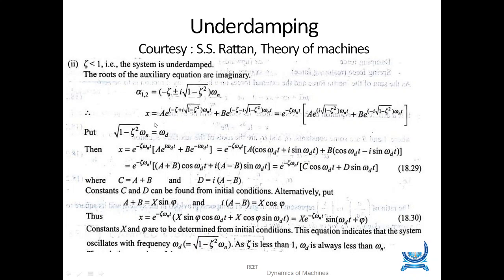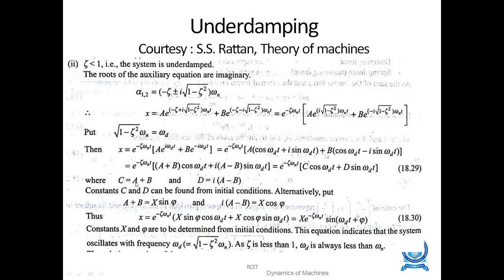The value of h becomes, substituting alpha 1 and 2 in this equation, e power minus eta omega n t is a constant value, and multiplying the remaining values, we get e power i root of 1 minus eta square omega n t. Only the constants a and b change.